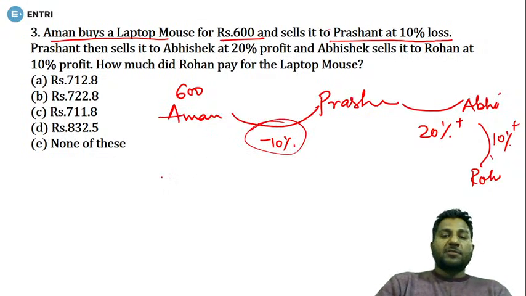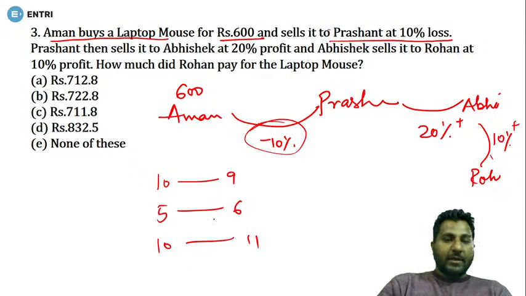Look, 10% loss means from 10 to 9. So from 10 cost price we have sold at 9. 20% means from 5 to 6. 10% means again from 10 to 11. So how are you going to solve this one?